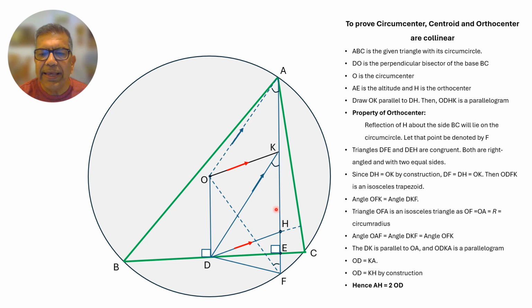The length AH, the distance from the vertex A to the orthocenter, is twice the perpendicular bisector OD. So that is the first step I am proving in this slide. Again, remember the length AH, the distance from vertex to the orthocenter, is twice the perpendicular bisector OD of the triangle. Okay. Now let's go to the next slide.